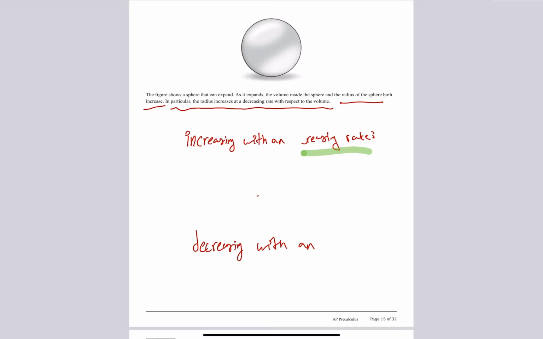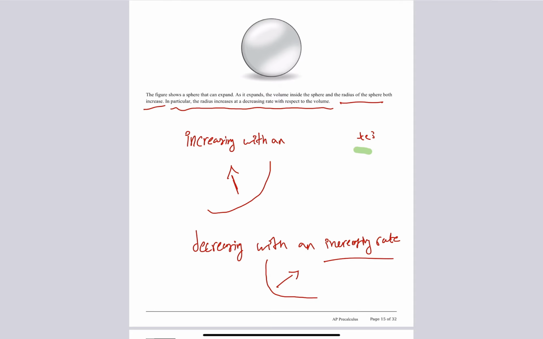Now let's say it's increasing with a decreasing rate.